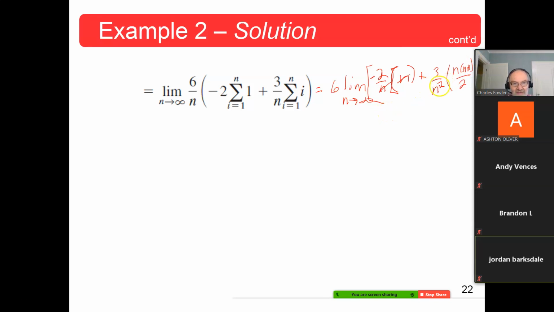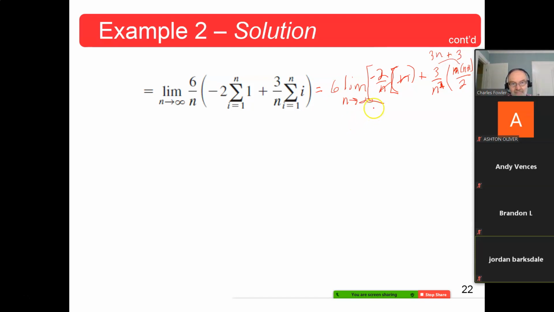Alright, and again, what I like to do is to get rid of this n so I don't have to carry them around any further. And then if you wanted to, and maybe I should have done this, this would be 3n plus 3. Distribute the 3 across there.